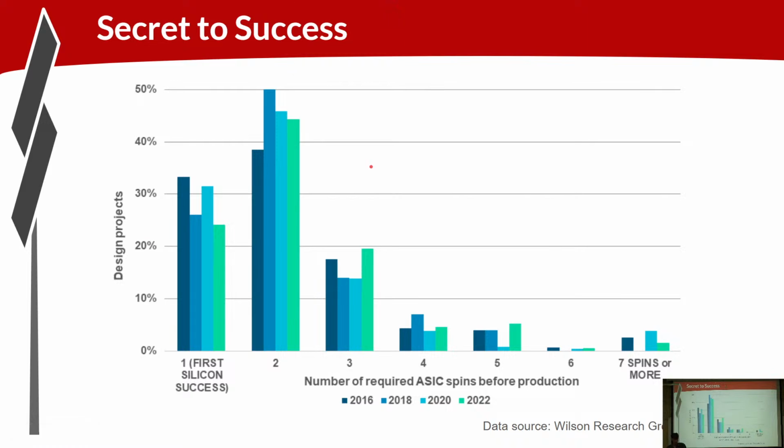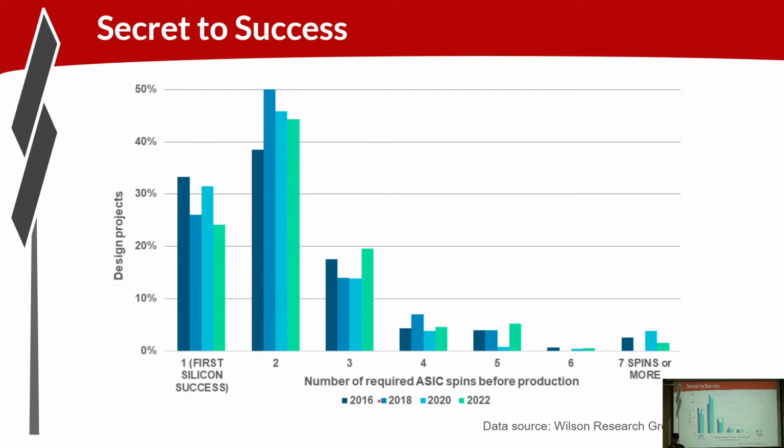A couple plots I pulled from Wilson Research Group, which does studies and surveys in the industry. I don't know exactly the range of ASICs that were covered here, but this is the data they collected.